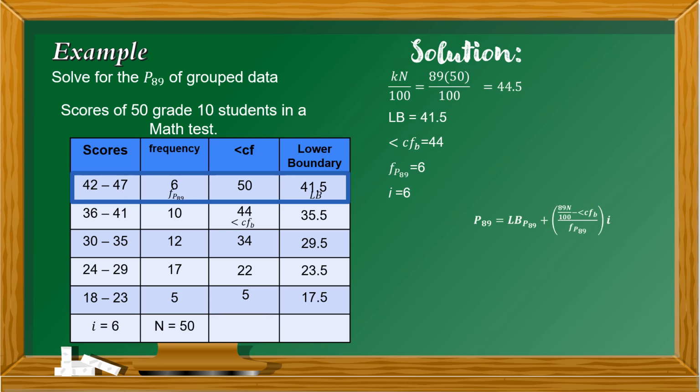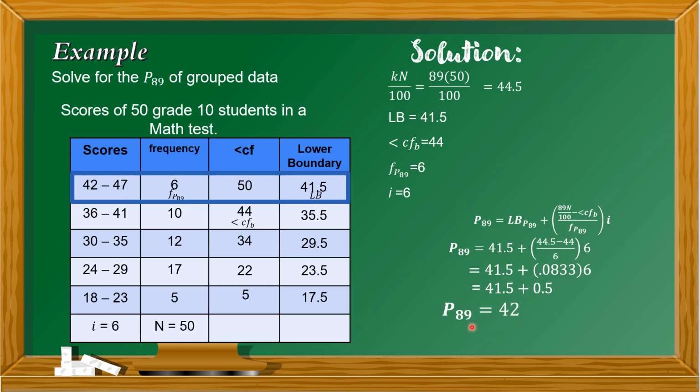Gamit ang formula para sa 89th percentile, substitute natin ang values ng variables. 41.5 plus the quantity of 44.5 minus 44 all over 6 times 6. 44.5 minus 44 over 6 is equal to 0.0833. 0.0833 times 6 is equal to 0.5. 41.5 plus 0.5 is equal to 42.